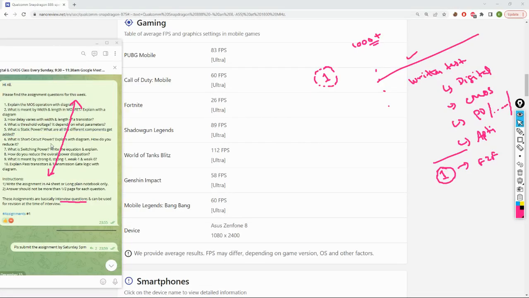You need to be in the limelight, or keep yourself active in the group, help others, post some things. You are free to do anything in this group. There is no restriction. Assignments have to be on time, and you will get these questions every Tuesday by end of Tuesday. Okay, so you'll have enough time.